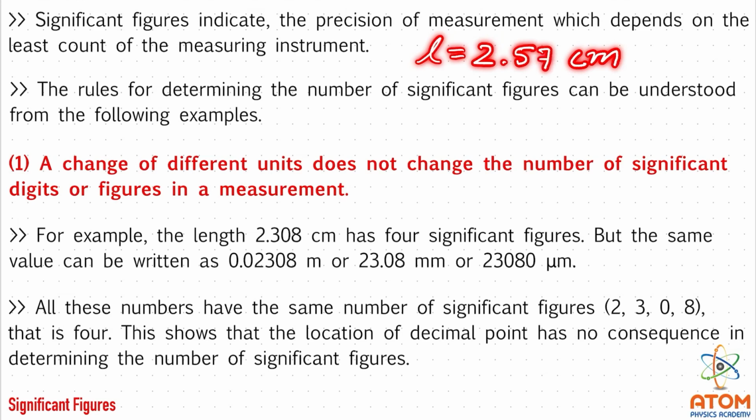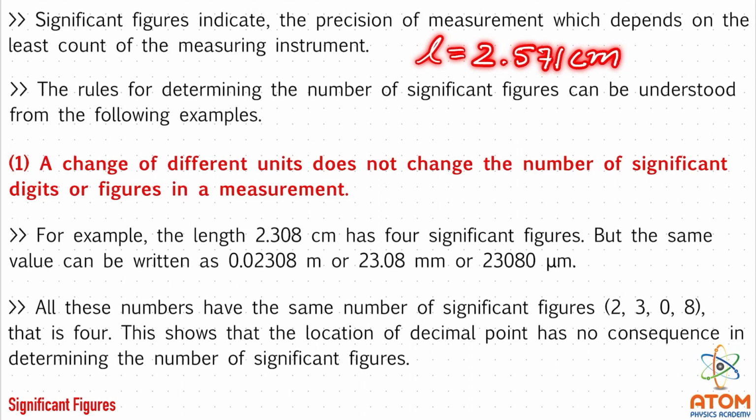So now the significant figures are 3: 2, 5 and 7. If I go further and if I measure it with micrometer screw, then I can measure it up to 2.571 centimeter. So now the number of significant figures are 4.